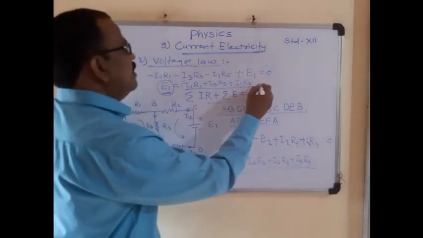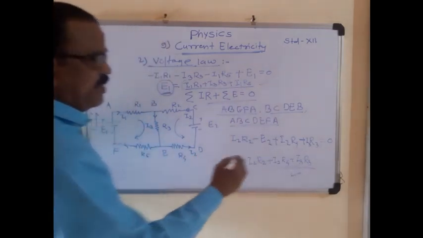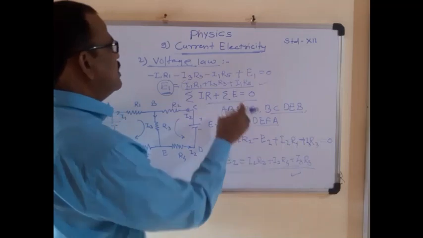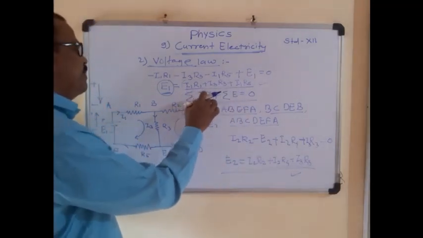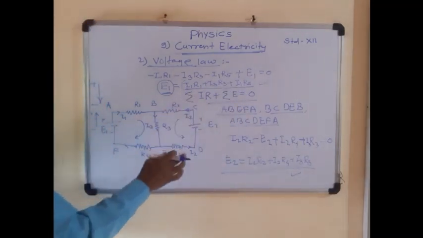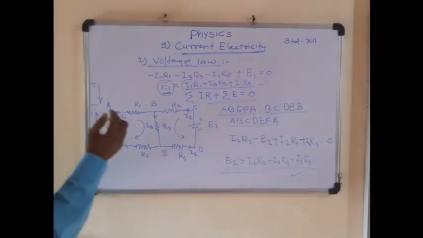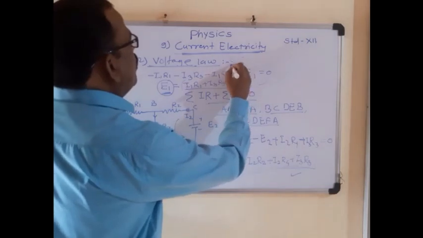From these two equations, we can show that the algebraic sum of the electromotive forces and potential differences in the closed circuit is equal to 0. This is Kirchhoff's second law. We can prove Kirchhoff's second law.